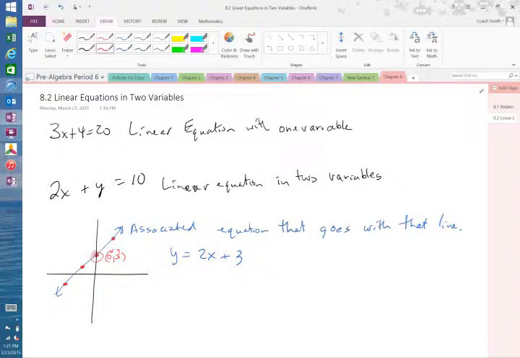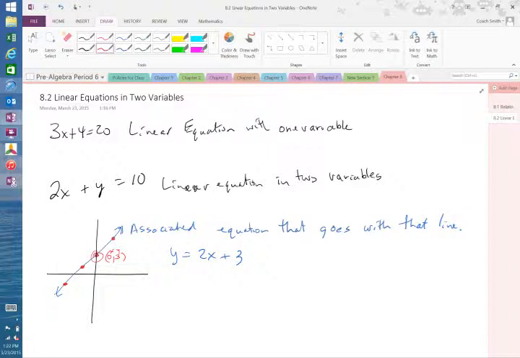So we're going to talk about three different ways that you can come up with solutions for that equation. There are going to be multiple solutions to that equation. There's not going to be just one answer. It's not going to be a nice y = 4 or x = 2 like we've been doing in the past. You're going to have an ordered pair for that problem.